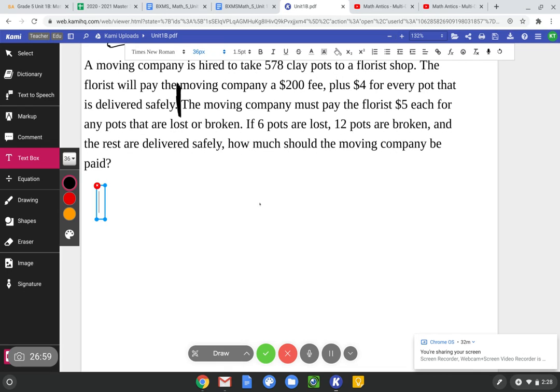Let's organize our thoughts. 578 pots. So they're going to get a $200 fee. They're going to get that $200 fee no matter how many pots they move. So that's standard. And then they're going to get $4 for every pot.